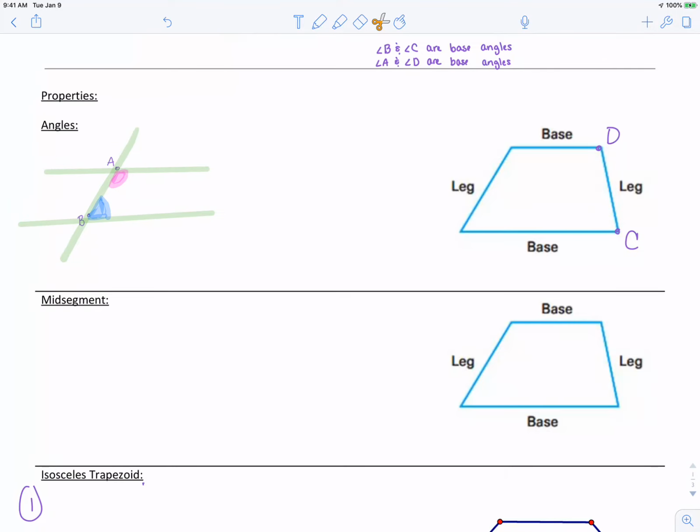You might right away notice that you already know the relationship between those angles. These angles right here are just same side interiors. So those leg angles are actually same side interior angles. So we would say that those angles are supplementary.